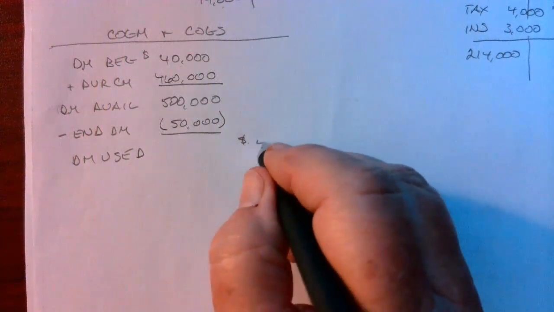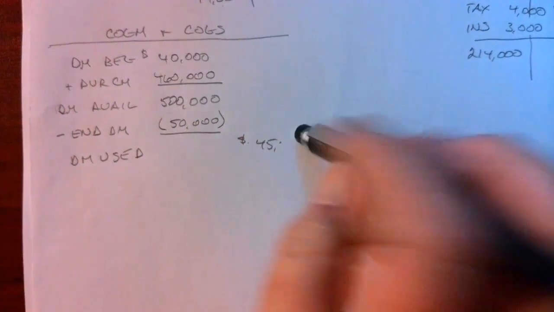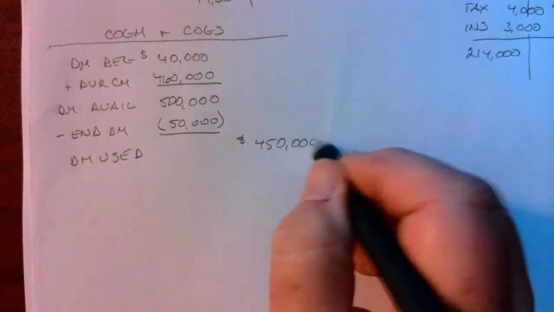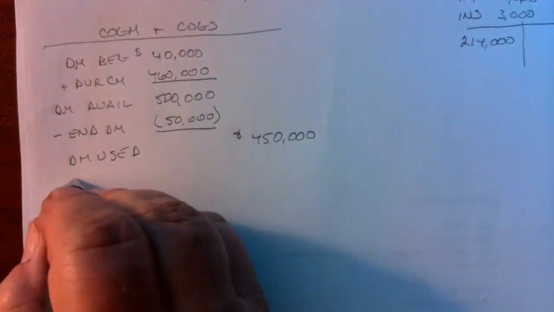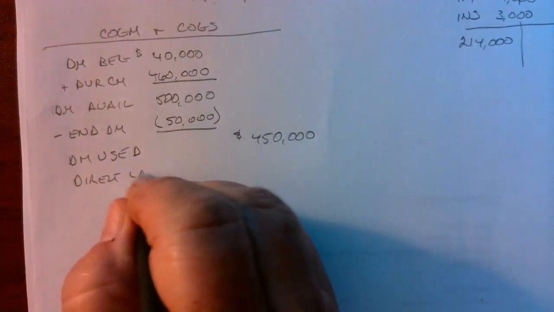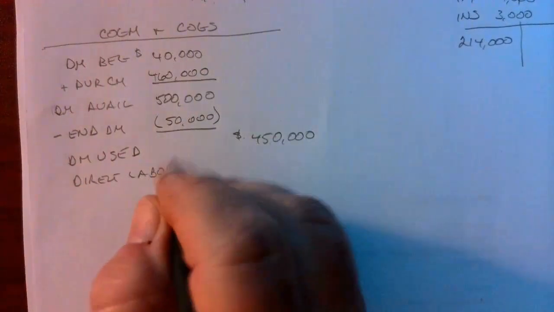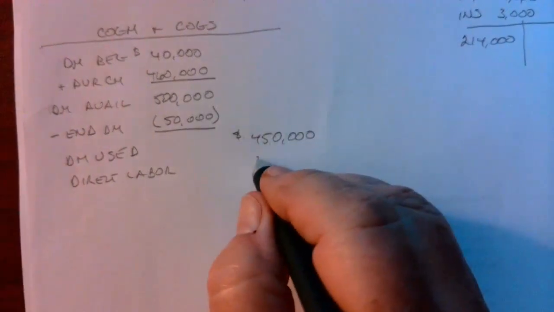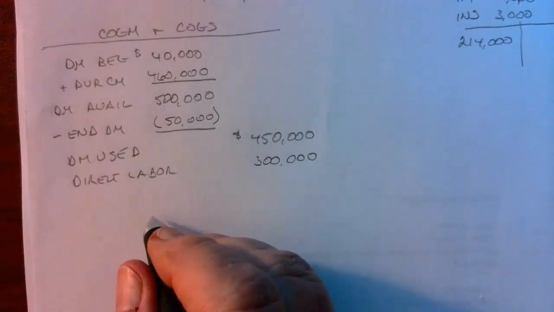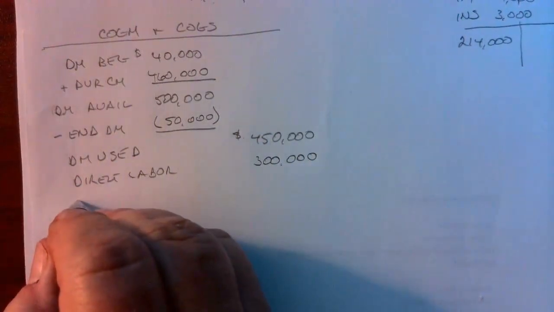That would be 450,000. Okay. Then I can add direct labor. Direct labor is 300,000. And what's next? Manufacturing overhead.